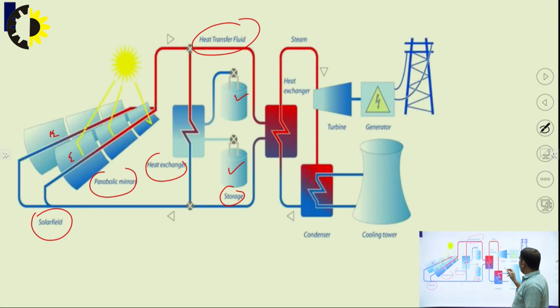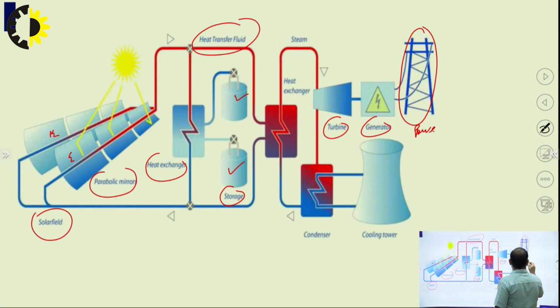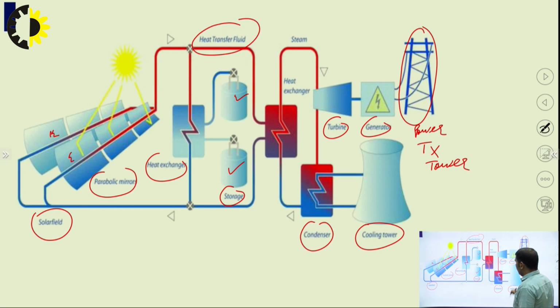So this steam goes directly into turbines, which run the generator and produce electricity, which can be passed through the transmission line. This is the power transmission tower. And we have a condenser here and a cooling tower here. Why is that?